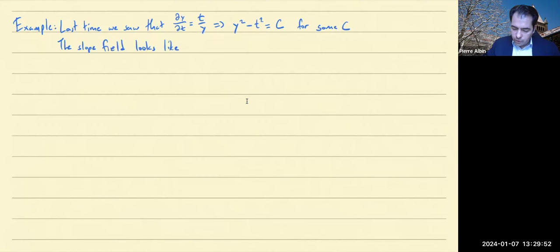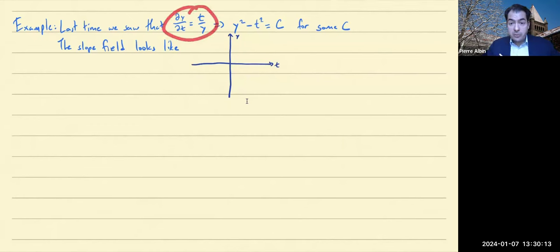Let's give ourselves a coordinate plane, a t-axis and a y-axis. We look at each point t comma y, and then we look at what the slope is supposed to be there, t over y, and then we draw a small segment at that slope.